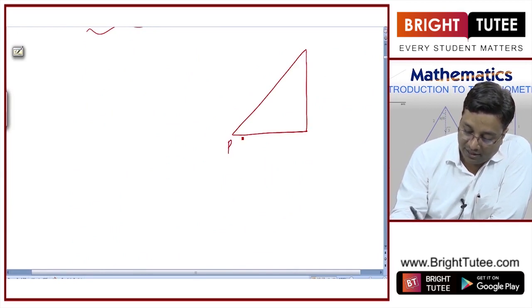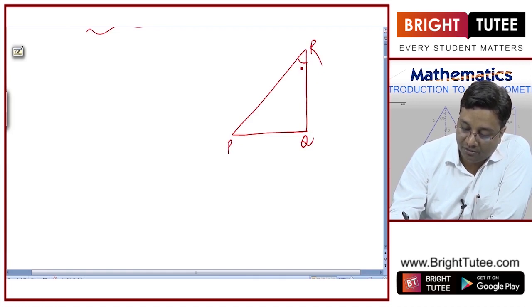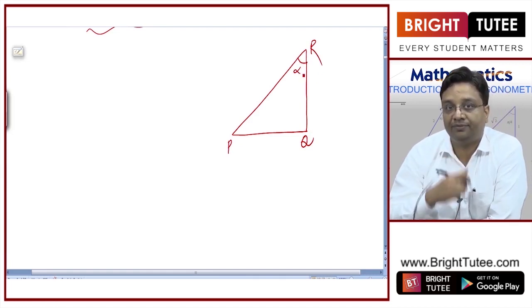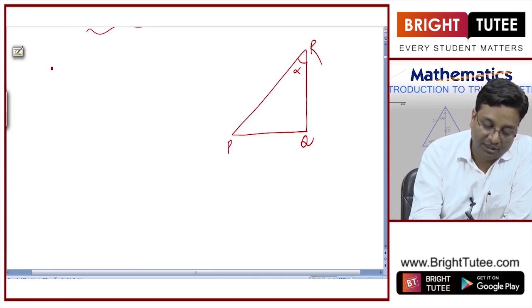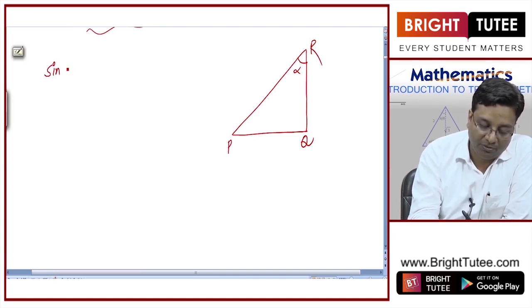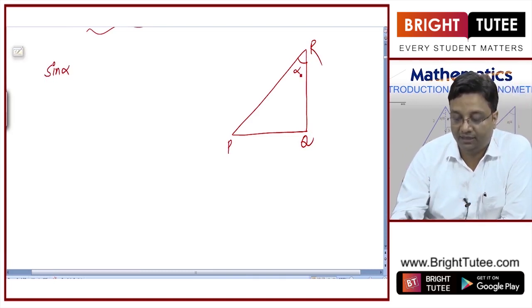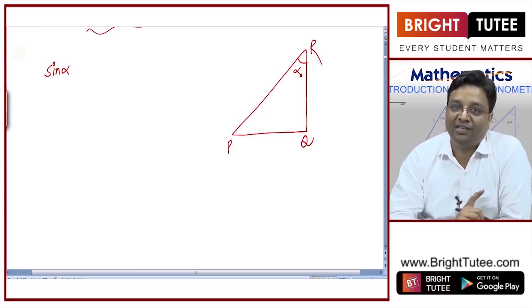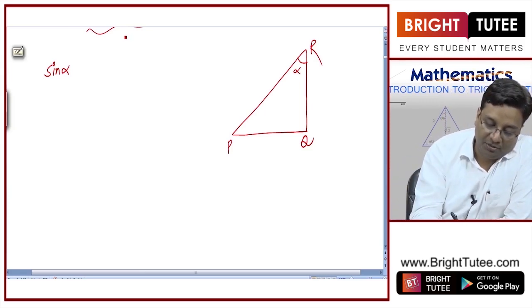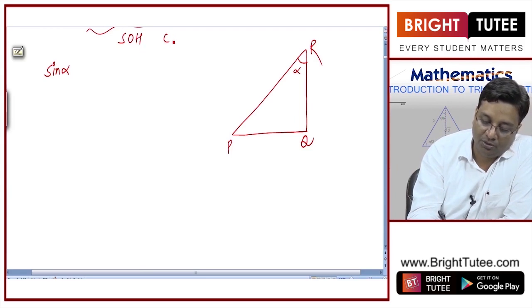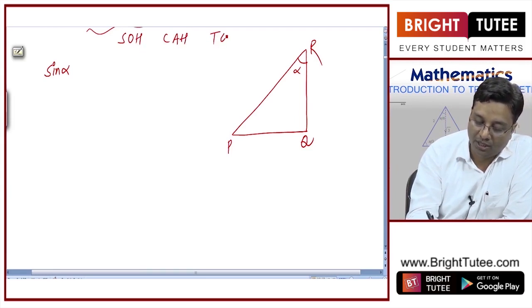Let us say this is the triangle this time, PQR, and let's take this angle now. Let's say this angle is alpha. Okay, so I'll ask you all the ratios from the point of view of this angle alpha. So what is sine of alpha, students? You keep this mnemonic in mind, so ka toa.